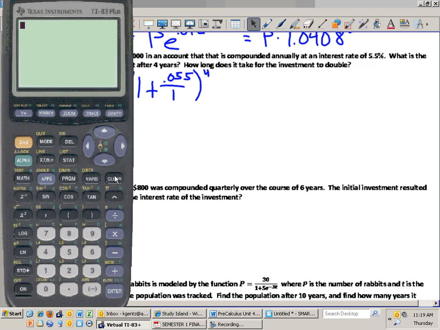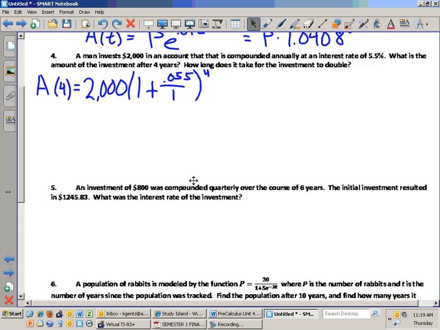So we'll do that. 1.055 to the 4th times 2,000 is $2,477.68, something like that. 65. Okay. Want to make sure the bank gets back those extra 3 pennies.